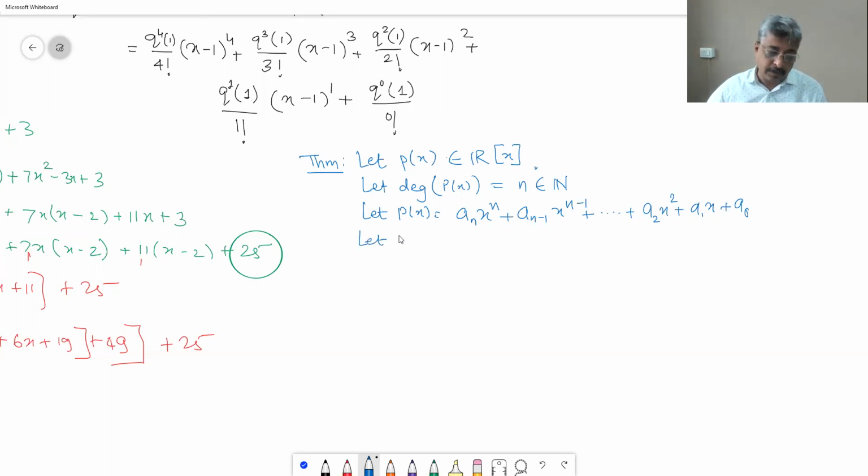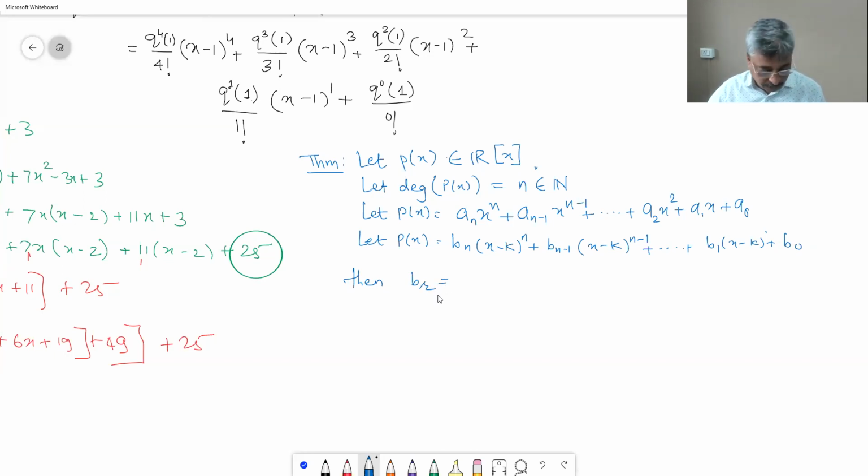Let P of x also look like bn x minus k raised to n plus bn minus 1 x minus k raised to n minus 1 plus dot dot dot plus b1 x minus k raised to 1 plus b0.